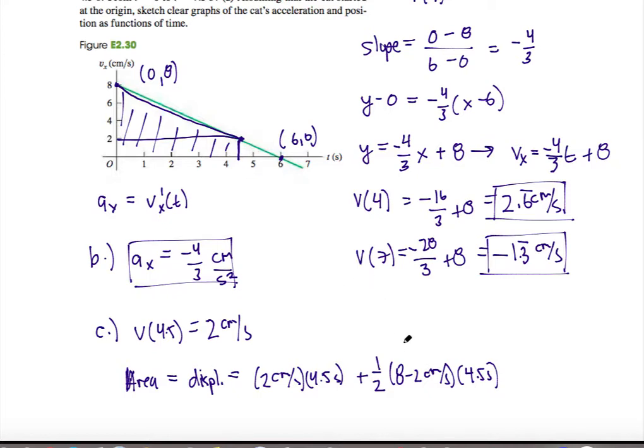So, taking this to the calculator, I'm going to have 9 plus 13.5, which is a displacement of 22.5 centimeters, because one of my seconds will cancel out.